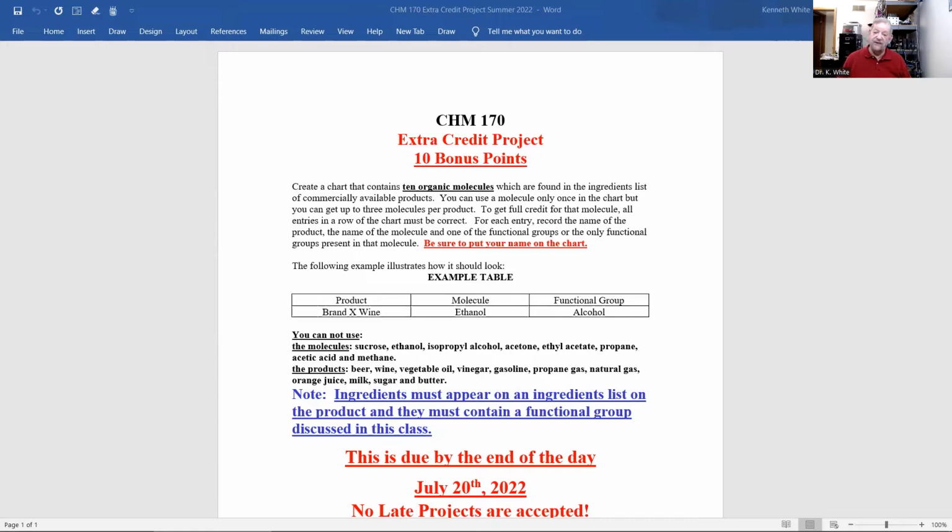That will be 105 points, so there are 5 bonus points. We'll have our review this Thursday, which is today, for test number 3. On Monday, we'll have our regular Zoom meeting, and labs on Tuesday. And then afterward, I'll send out the password and you can take test number 3.